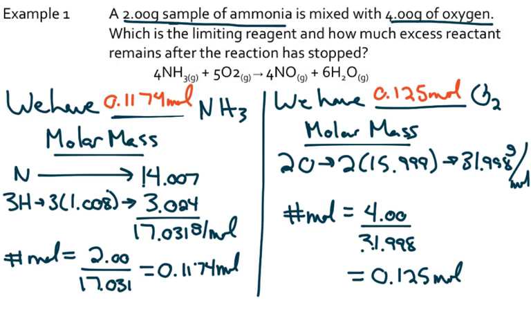As we go through examples, I'll show you how this works out both ways, if our assumption is correct and if our assumption is false. So I'm just going to go ahead and assume that ammonia is the limiting reagent, and I abbreviate it LR.